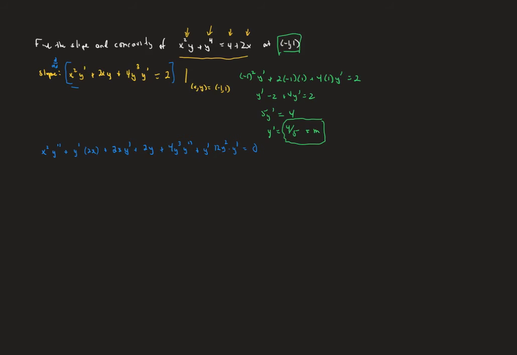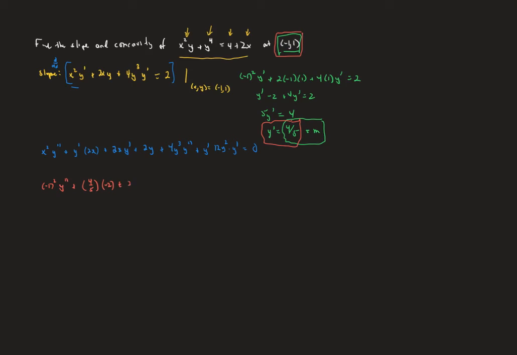Now remember, we're trying to find concavity, so we don't have to actually solve for y double prime. We can just start plugging in these numbers here. So we were still at the same point, that's going to be our negative 1, 1. And we know that y prime is equal to 4/5. So x squared is going to be negative 1 squared. Y double prime is what we're trying to figure out. Y prime, we said, is 4/5, and 2 times x, which is negative 1, is going to make that be a negative 2.